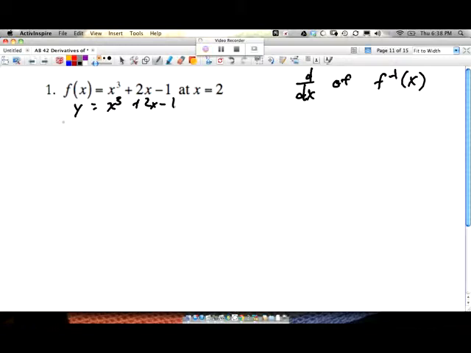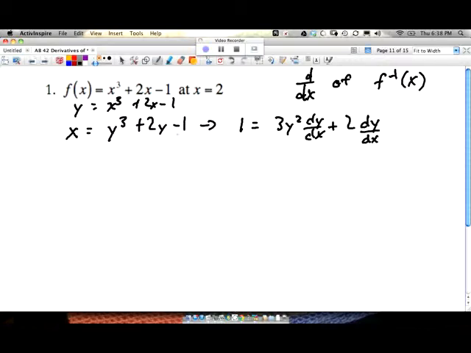So if I were to switch those, because that's what an inverse function does, x equals y cubed plus 2y minus 1, then I got to take the derivative of this. Okay, so let's do that. If I were to take the derivative, that would mean that I have 1 equals 3y squared dy dx plus 2 dy dx, and then that third term here goes to 0.